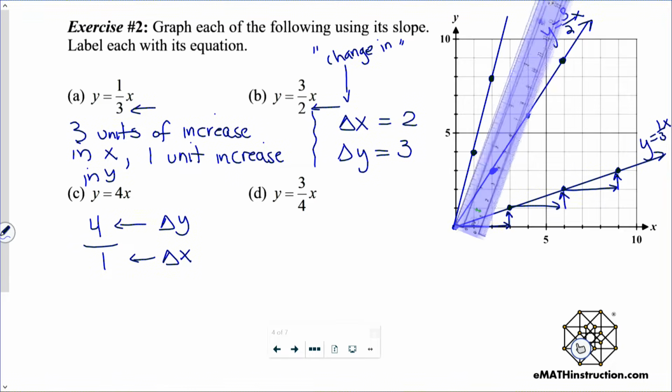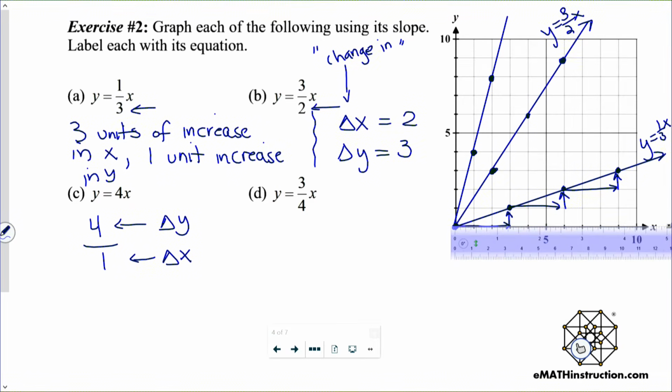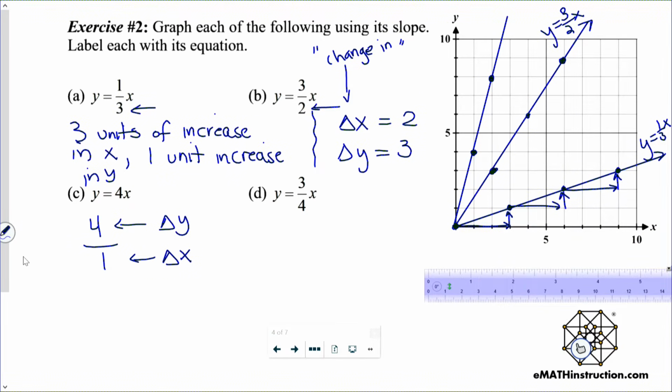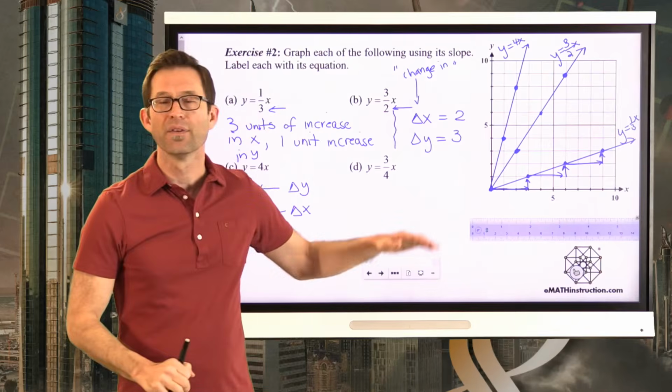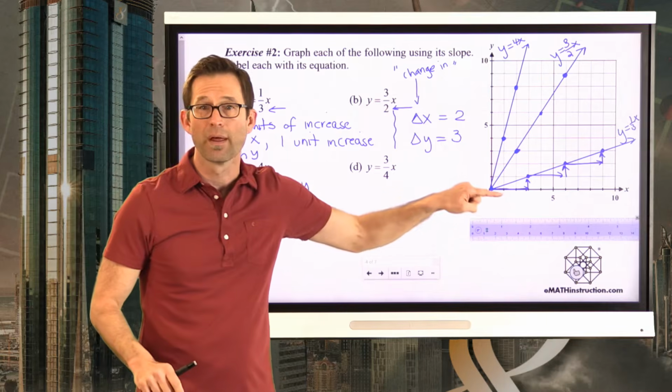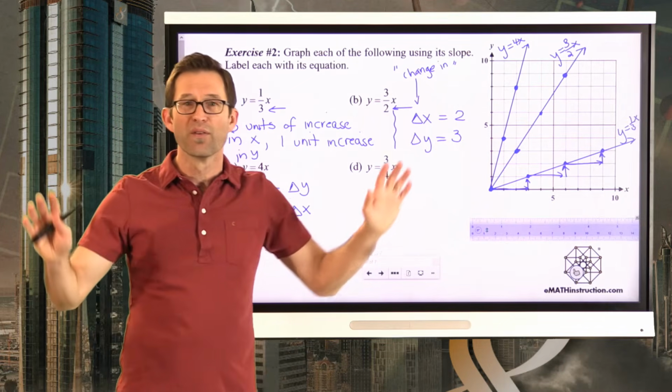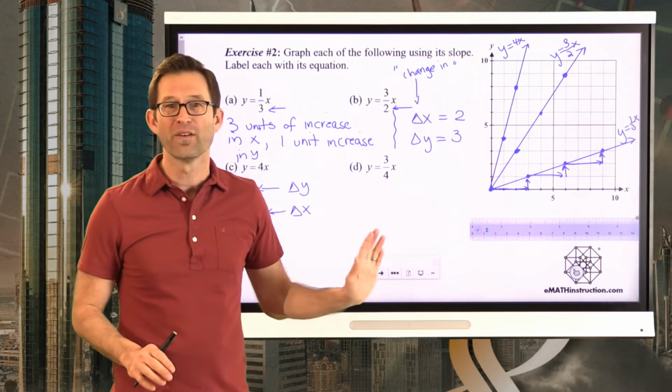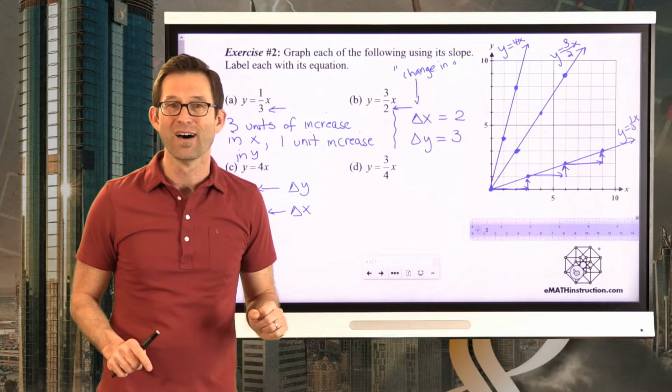And that's because the number 4 is so much bigger than the number 1/3 or the number 3/2 or the number 3/4, etc. The bigger that number is, the steeper the line will be. If we had like y equals 100x, it would be like shooting up to the moon, you know? I mean, for every 1 unit to the right, you'd go 100 units up.